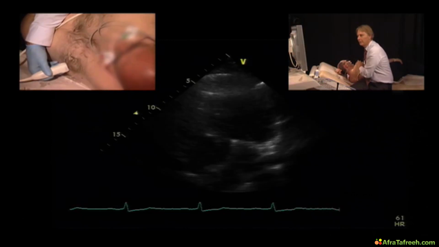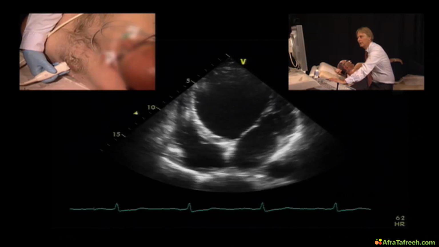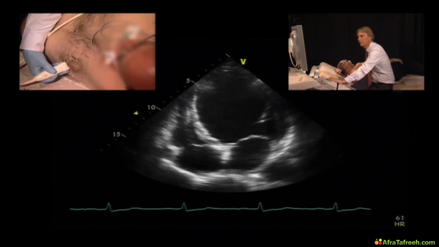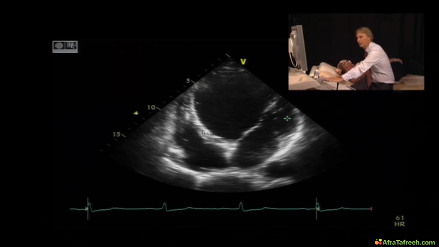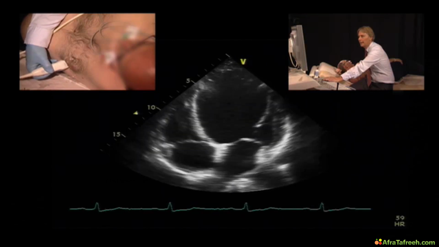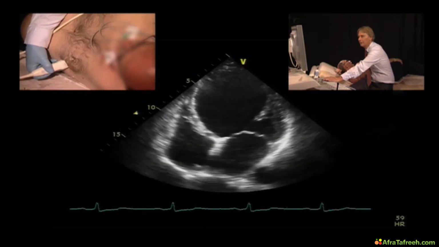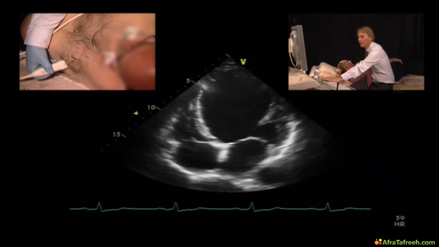To confirm these measurements, we can now perform just a one-dimensional or just a 2D measurement of the left ventricle, starting from the lateral wall to the septum. And we see that we get a very similar measurement here in the apical view, 86 millimeters. To get a better handle on the size of the left ventricle, it is probably better to perform volume measurements.